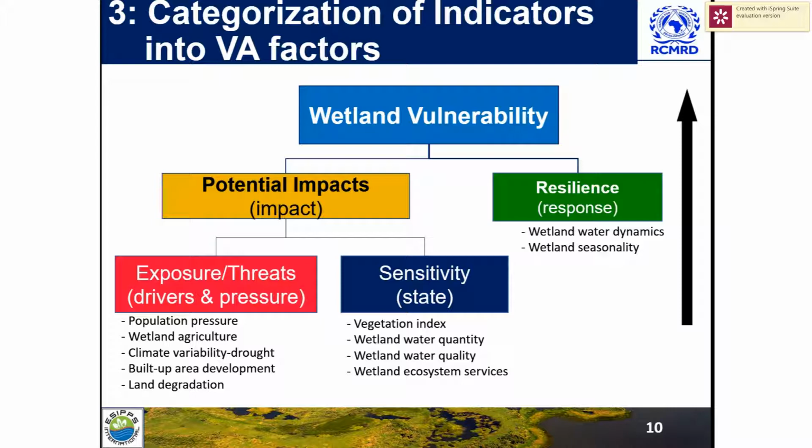Seasonality of the wetland: we see that a wetland that is more resilient will be one that is permanent rather than one that is more seasonal, because during the dry season you'll find that there will be a lot of human activities carried out within a seasonal wetland compared to a permanent wetland.